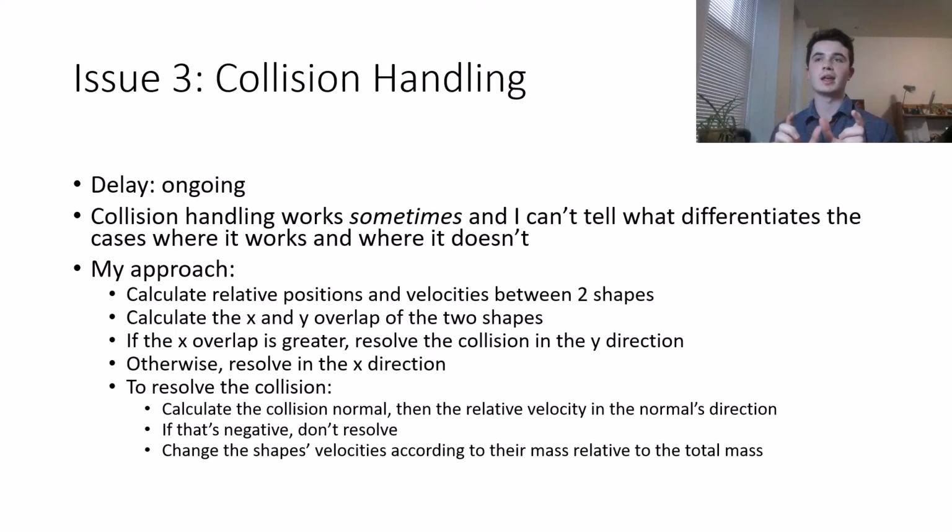If we did resolve the collision in this case, we would get some jittering, because we just don't want to resolve collisions when it's moving away. And finally, we change the shapes' velocities according to their mass relative to the total mass of the collision. So if you get a really big box and a really small box and they collide, the small box will be moving much faster than the large box after the collision, because that's how it works in physics.